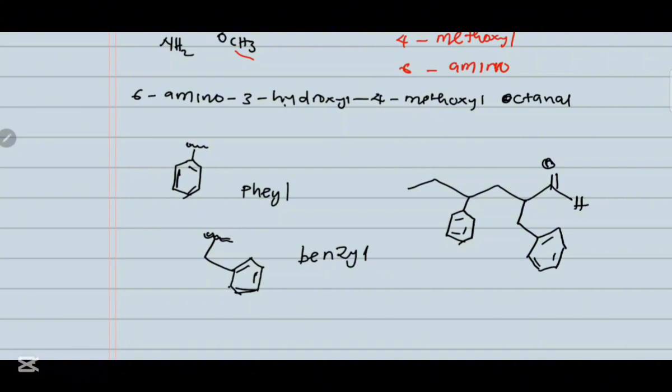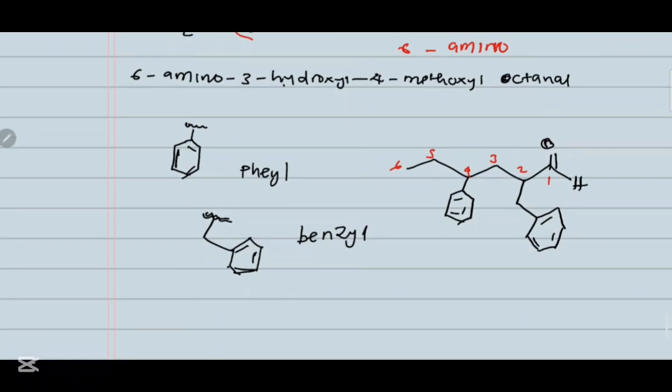The first thing, again, on how we can name this compound, is to number the carbons. So carbon 1, 2, 3, 4, 5, 6. So 6 carbons.